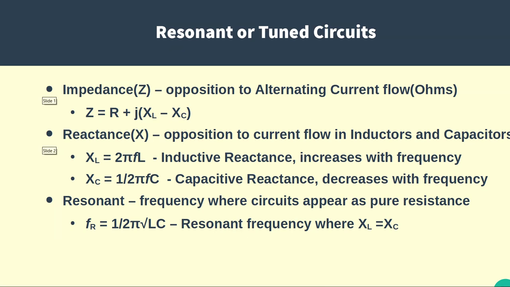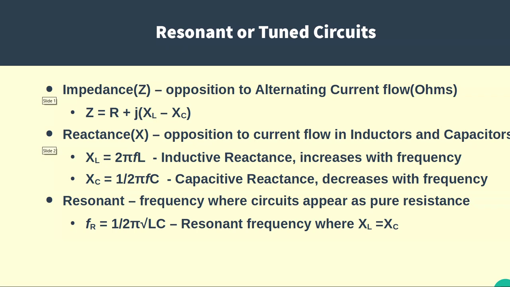And the formula for impedance, shown there, is equal to the actual resistance plus the reactance of the inductive and capacitive components. So they are, say, opposite polarity, so they can cancel one another out.